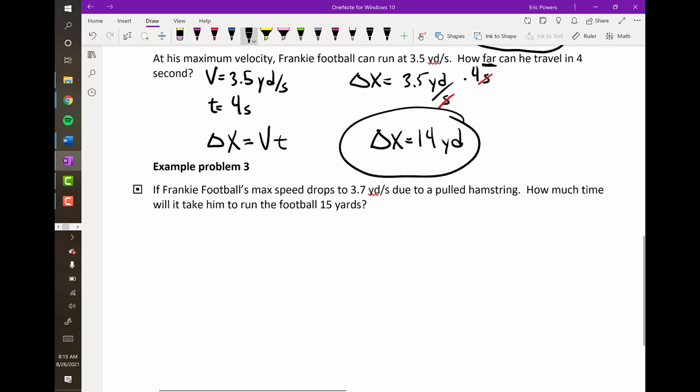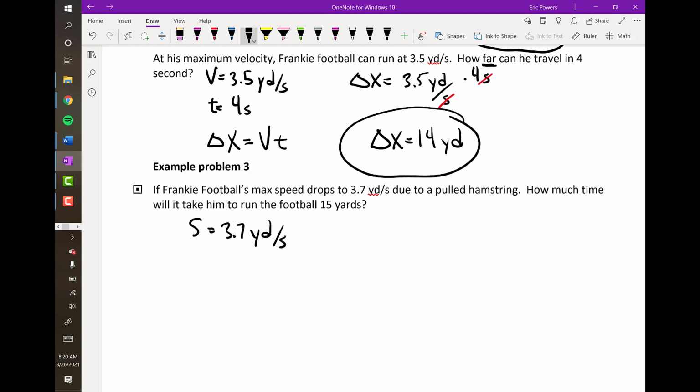We're going to do one more. Frankie Football's max speed drops to 3.7 yards per second. Okay, so it's giving me speed. 3.7 yards per second due to a pulled hamstring. How much time will it take for him to run the football 15 yards?